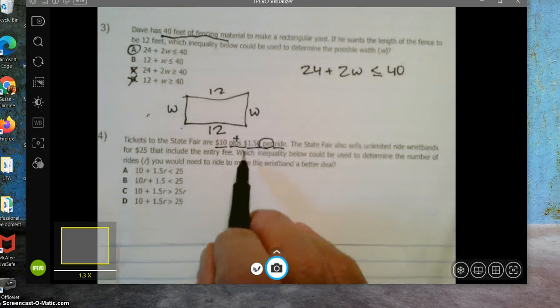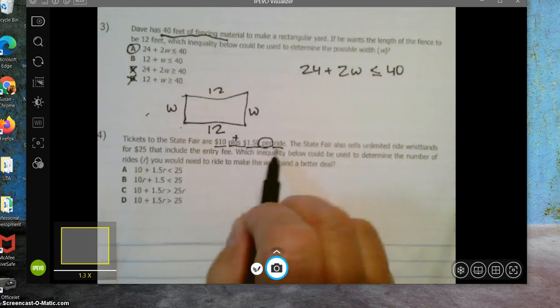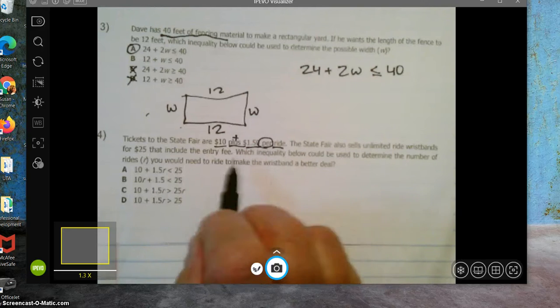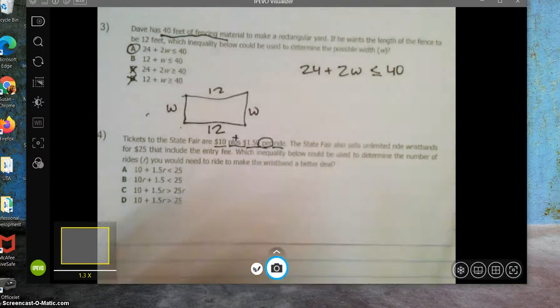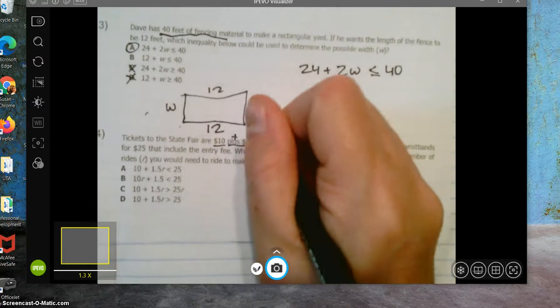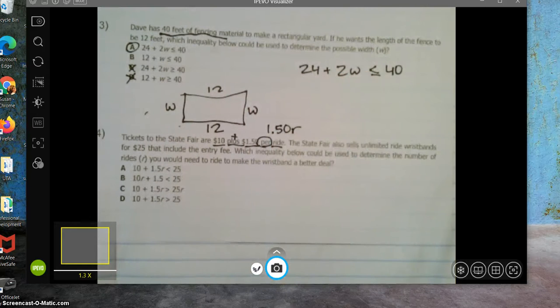Okay? So hopefully you remember, what does that mean right there? What do we think it means? Hopefully you know we think it means a number next to a letter. So without reading this, and I have not read this all yet, I'm almost positive it's going to be $1.50R.